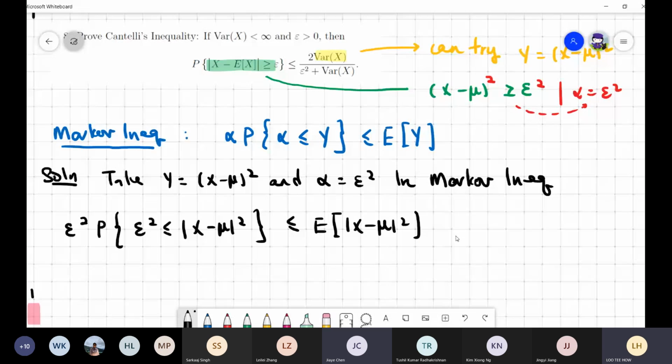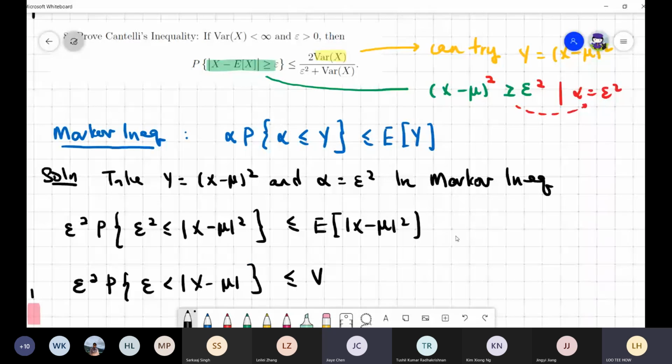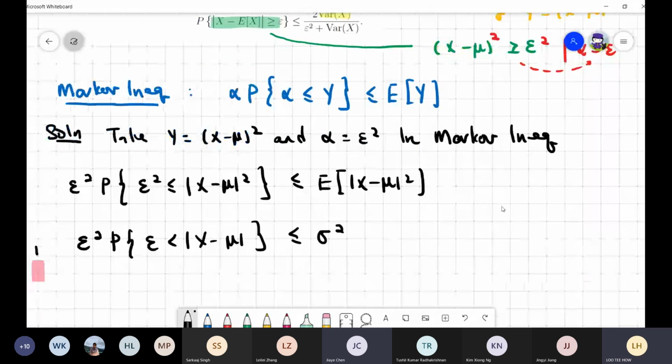And again, because both sides are positive, we can cancel the square. So here the remaining is epsilon square. So then we have this. And this part, this is actually the variance, right? No problem.